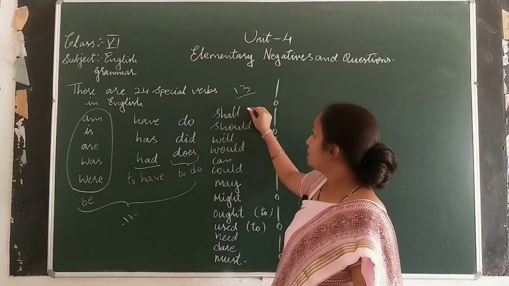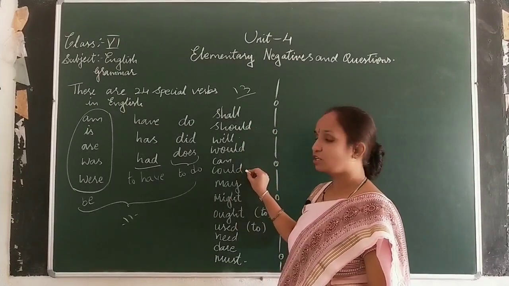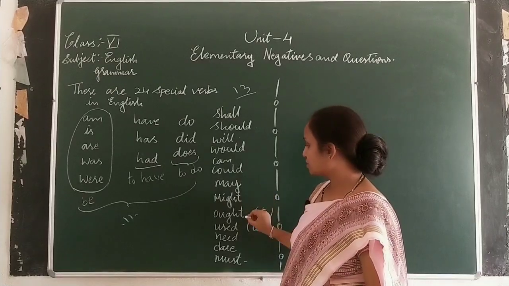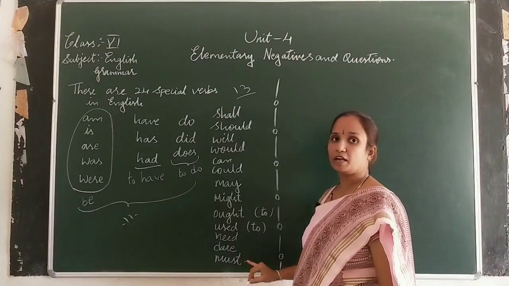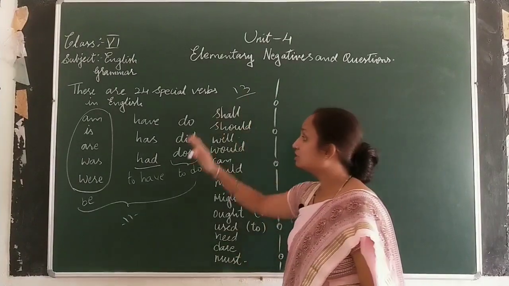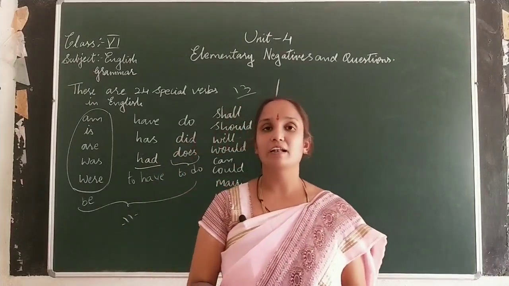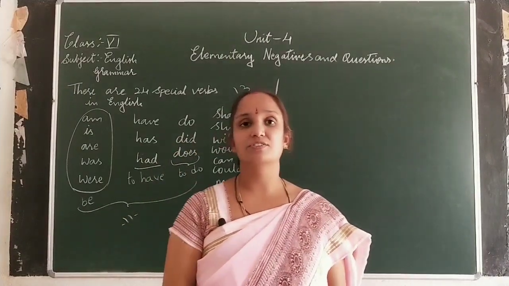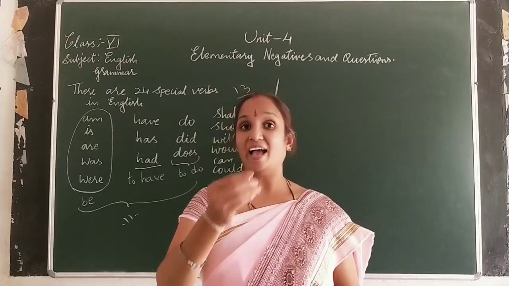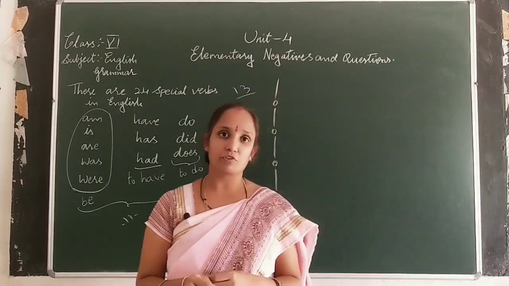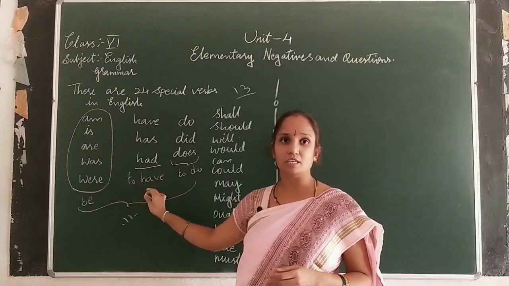Which are those? Shall, should, will, would, can, could, may, might, ought to, used to, need, dare, must. For these special verbs, in this chapter, we are learning the negative form as well as the questioning form.